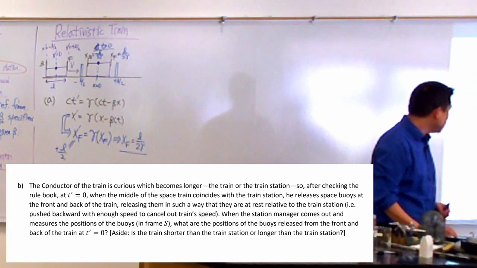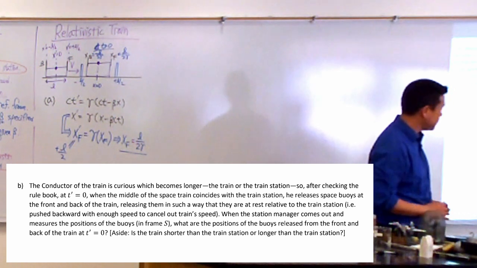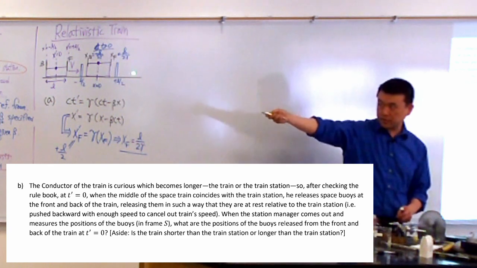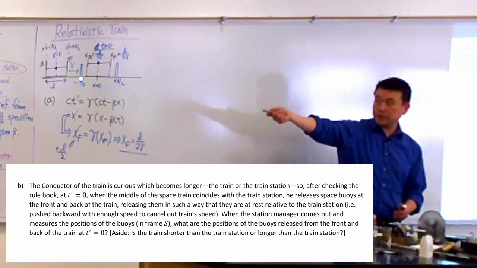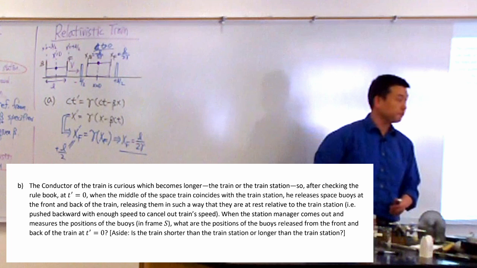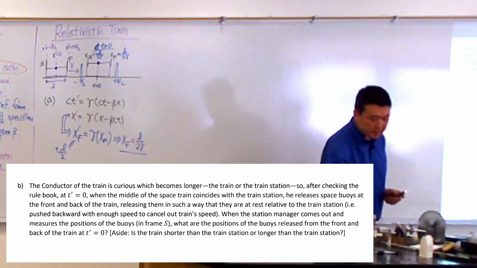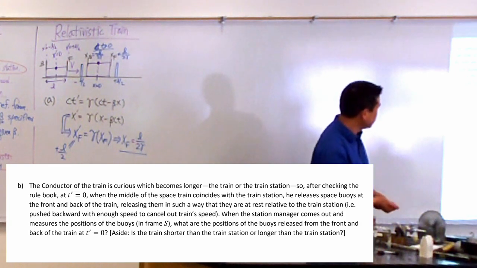So B is asking you to describe the situation not from the perspective of the train station, but from the perspective of the train. It's a very important distinction.